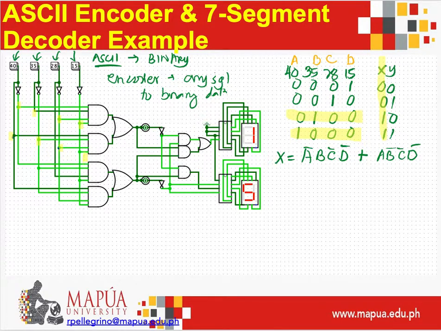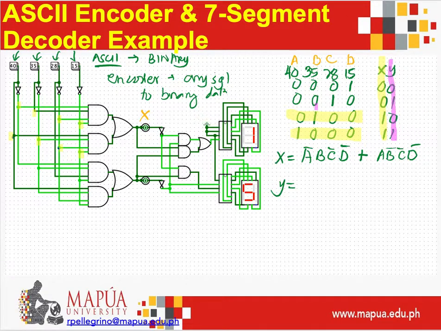Now for our output of y, which is given by this, where do we see that? We have this output, and the same thing with the first one.